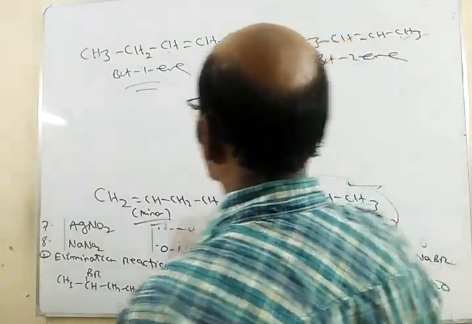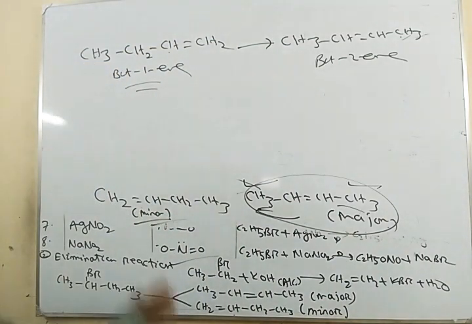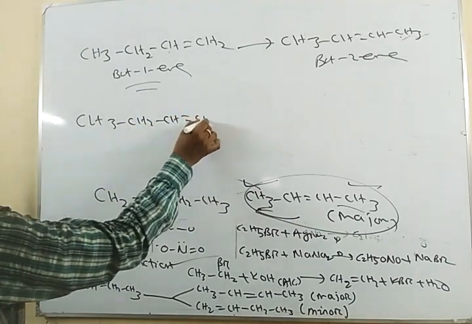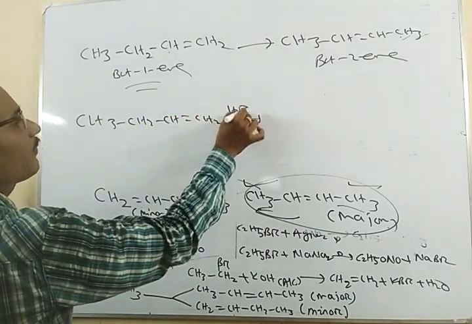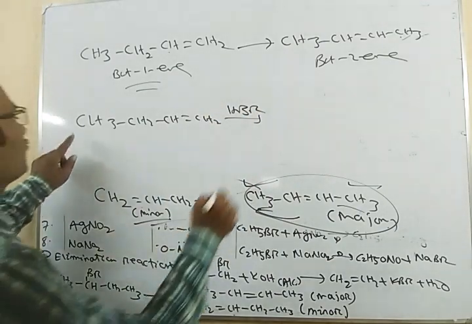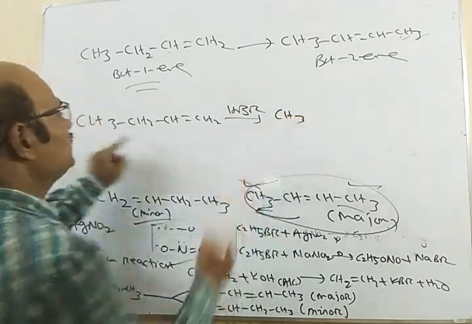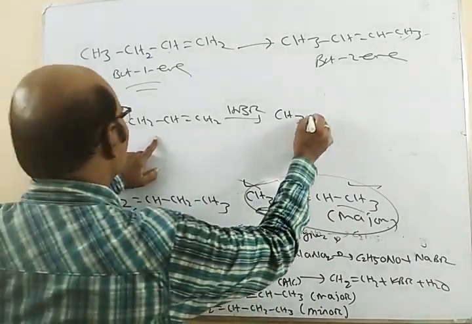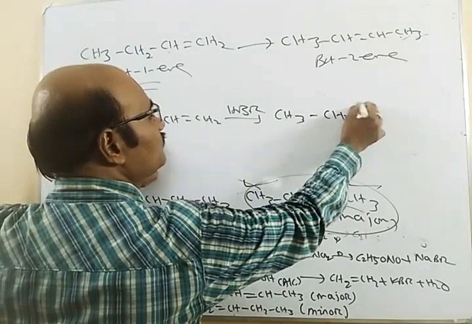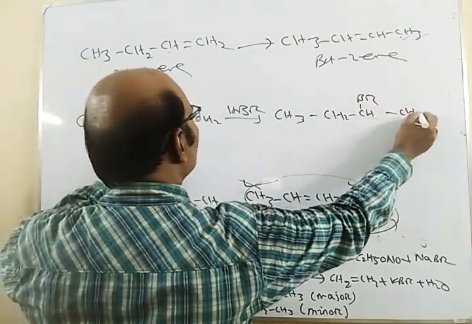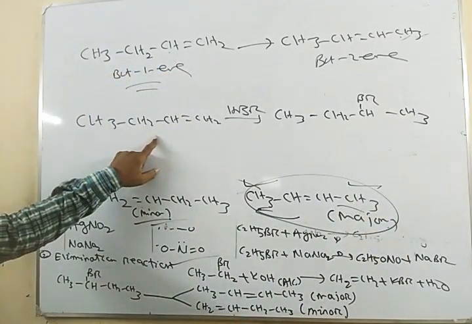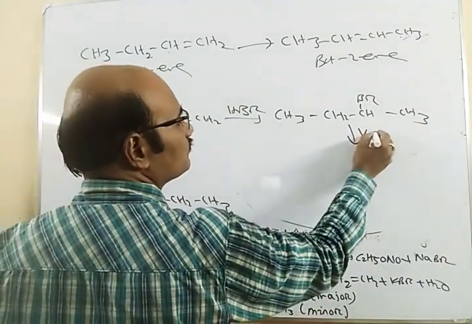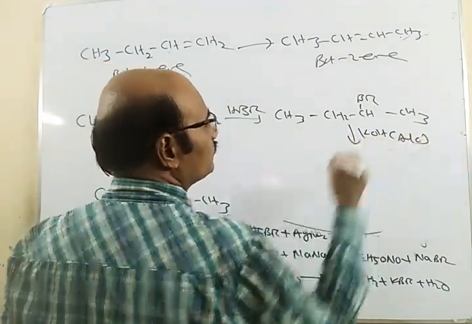Now how can you convert? You see, CH3-CH2-CH=CH2. Now take HBr. You will see there will be Markovnikov addition because these are unsymmetrical. You get CH3-CH2-CHBr-CH3. Now again you give alcoholic KOH.